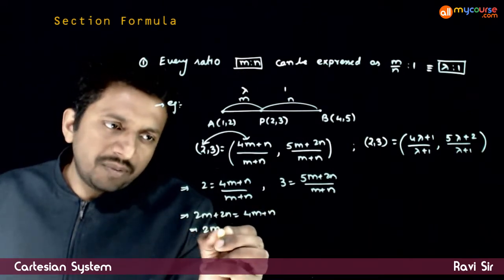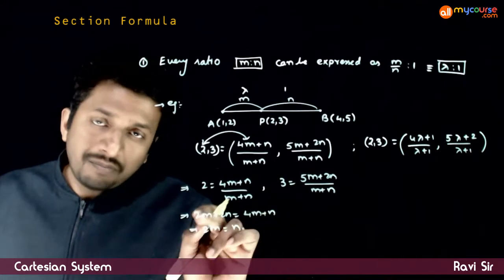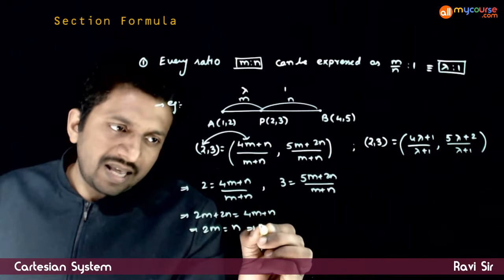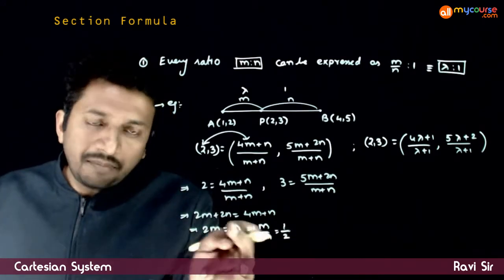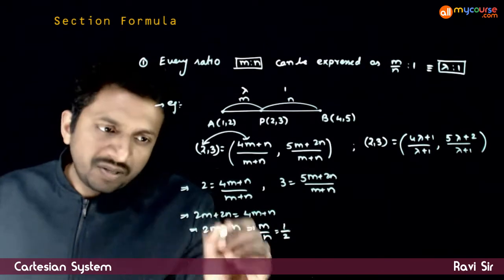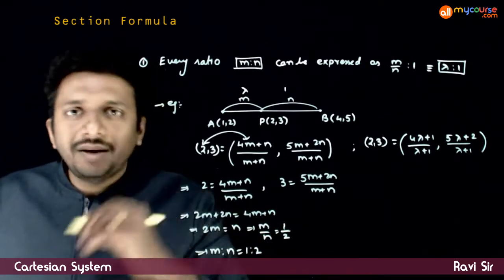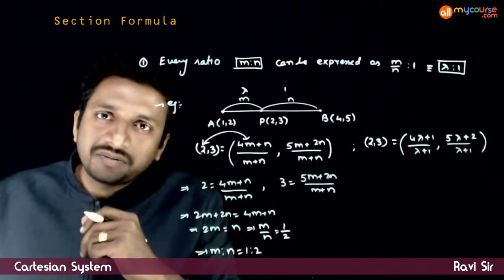This implies 2m is equal to n, right? If 2m goes to that side, 4m minus 2m is 2m, and 2m minus n is n. This implies m/n is equal to 1/2, so the ratio is 1:2. This is one way of solving this question.